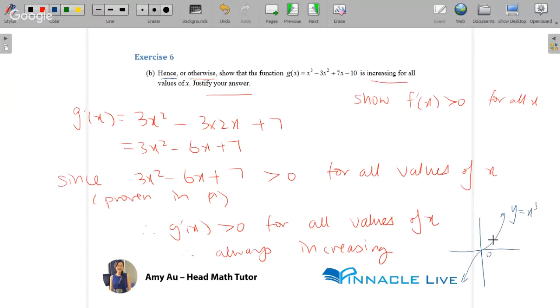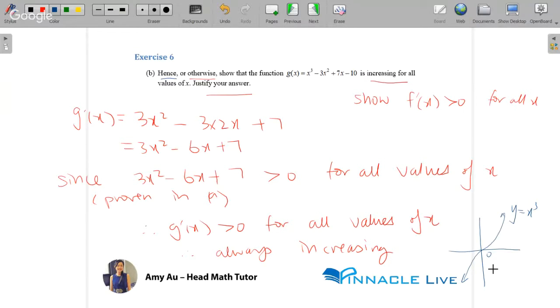But that's a good example. It technically has a stationary point there, but always increasing means it just keeps going up and up and up. It doesn't have any turning points. It doesn't come back down at any point. And that's going to be relevant when we try to sketch this a little bit later. So having that understanding is good. And decreasing is the other way around. So it just keeps going down and down and down.